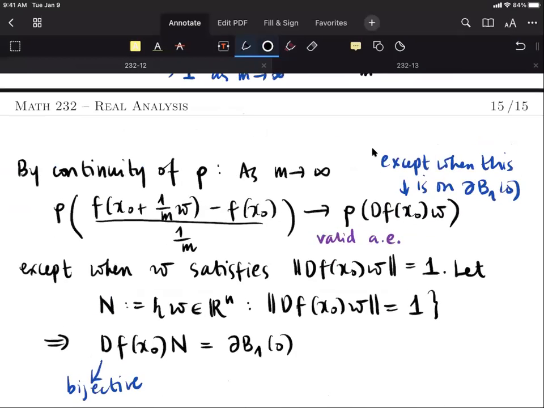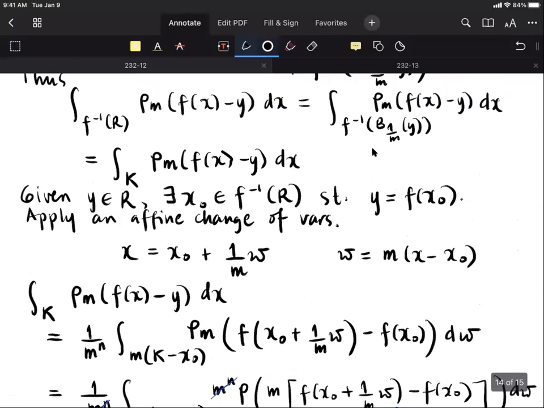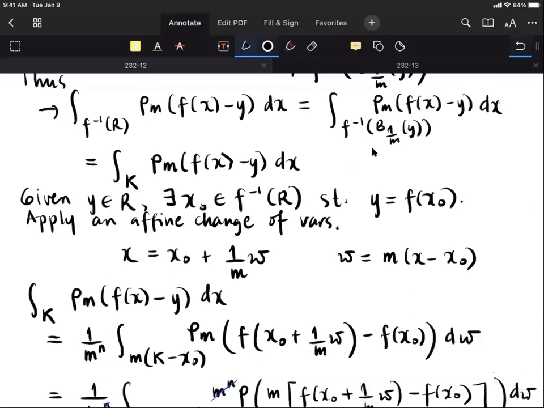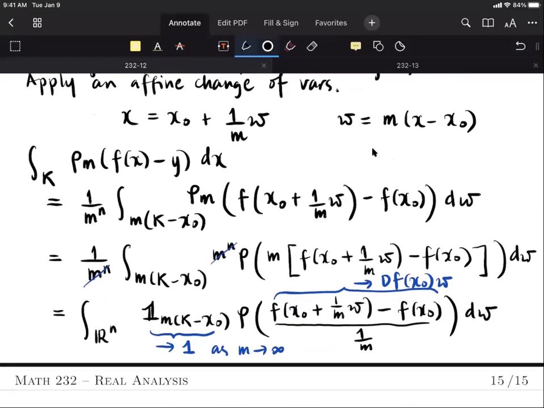Okay, so tracing back here, this one is equal to this one, and in turn is equal to this one.